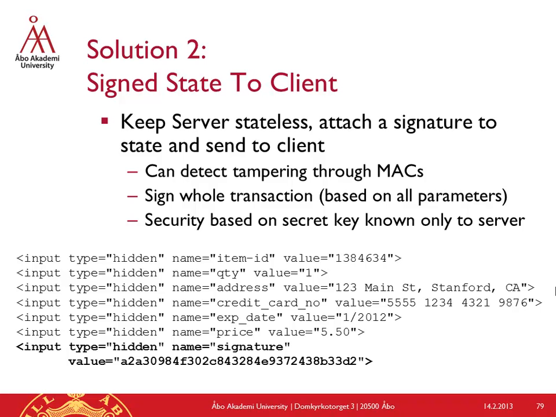It's possible not to put the session ID information on the client, but to have some sort of signature of all the sensitive data of all of these fields. How will this signature be calculated?